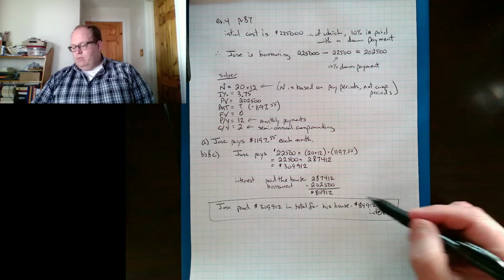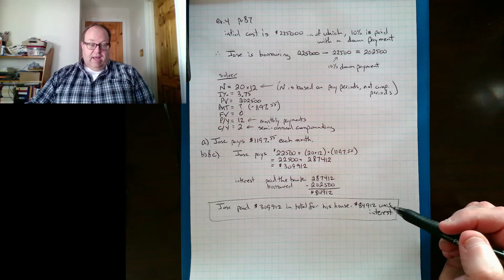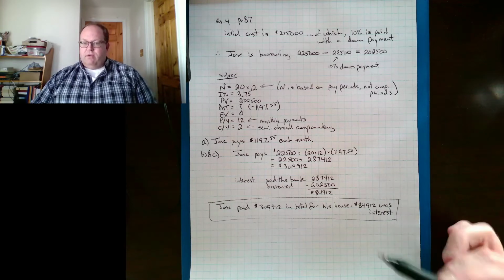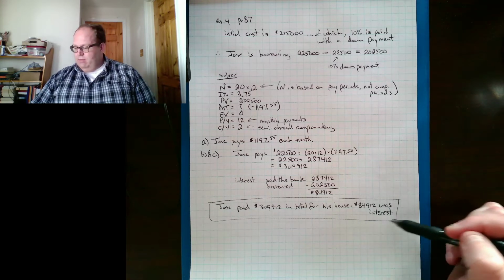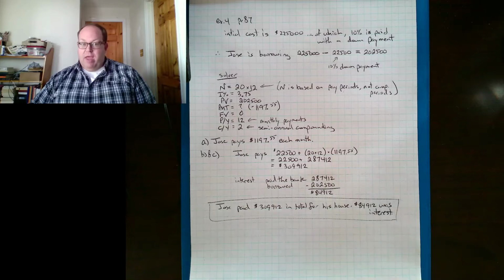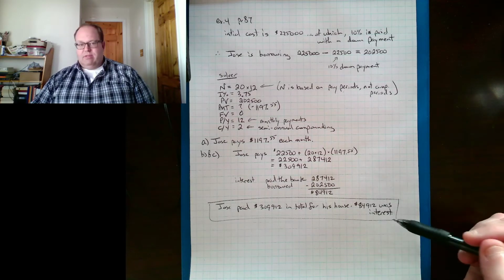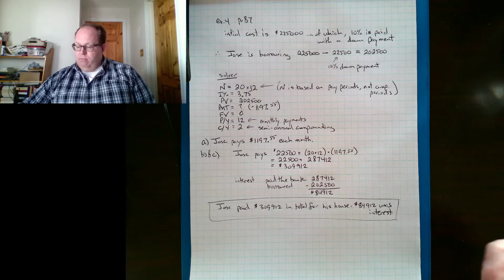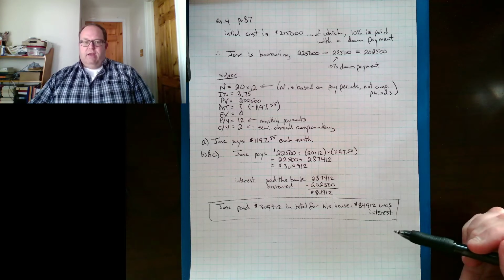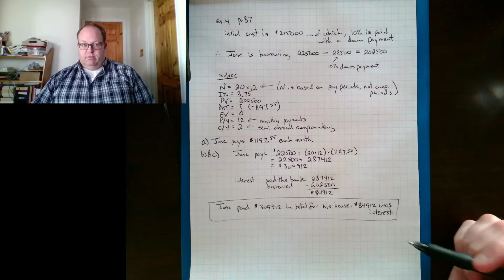Which is the main reason why people try to avoid debt if they can help it. Now, a lot of times you can't help it, but if you can, this is money, effectively, that Jose was just paying to the bank in order to borrow money from them. He paid $84,912 to borrow $202,500 over a span of 20 years.